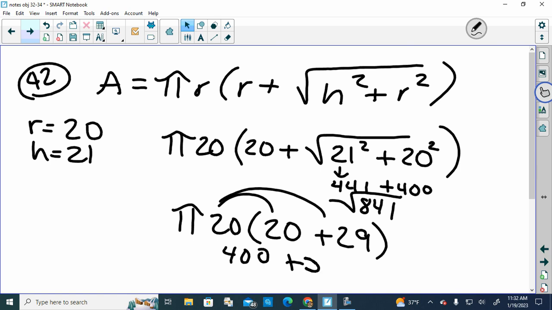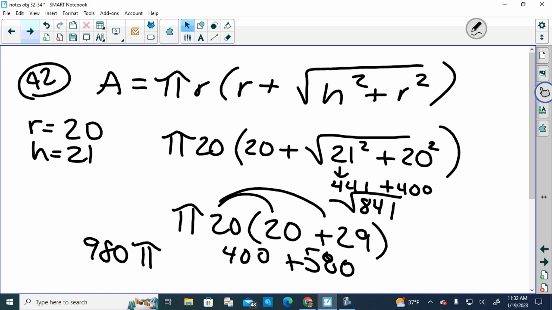Hold on a second. Or are you saying the answer? Wouldn't you do 20 plus 29 first with the parentheses? Yeah, that's what we're going to show, that we can get the same thing. 580. Adding those two, you would get 980. And then just don't forget the pi.